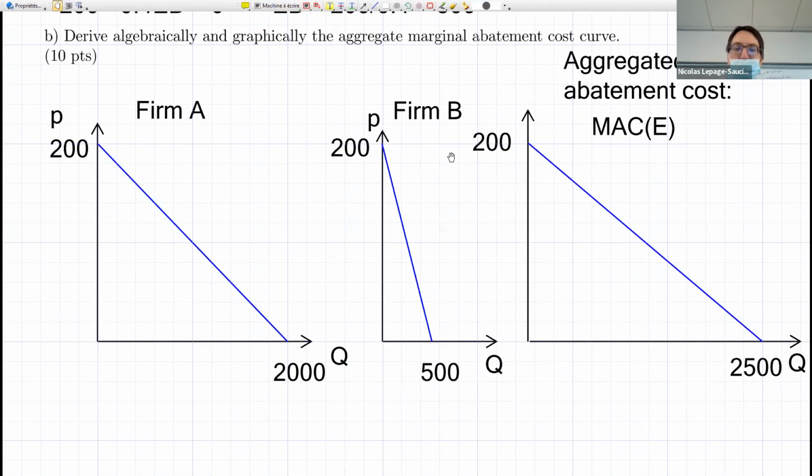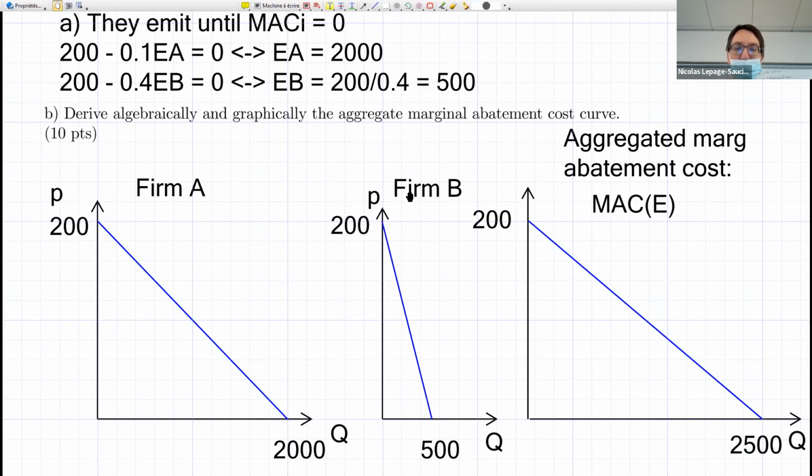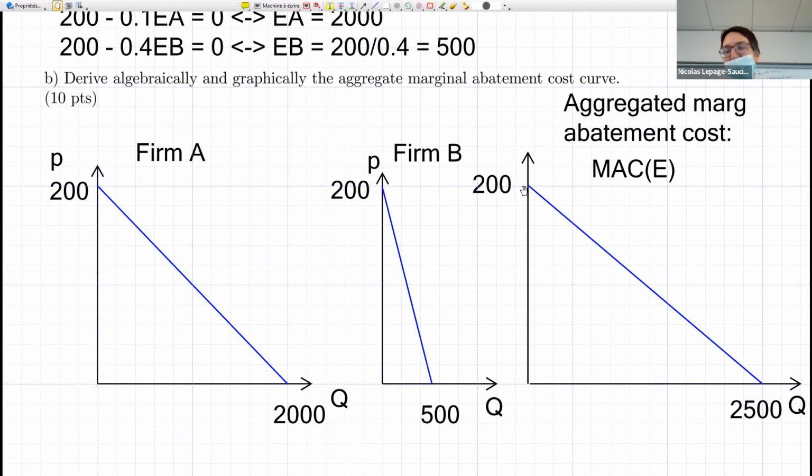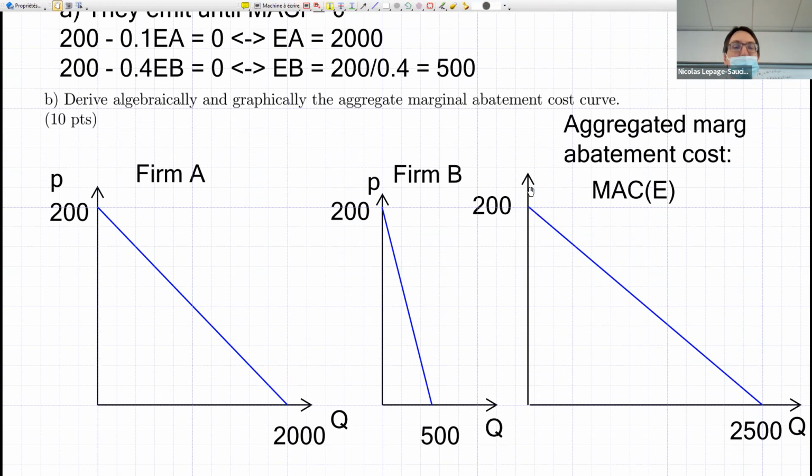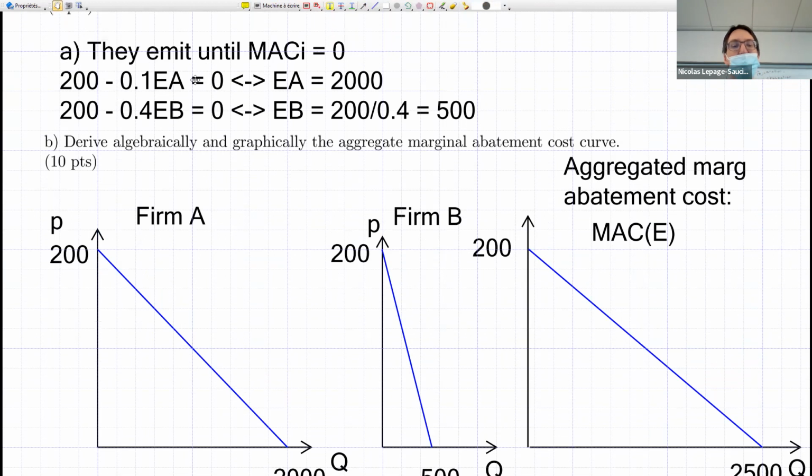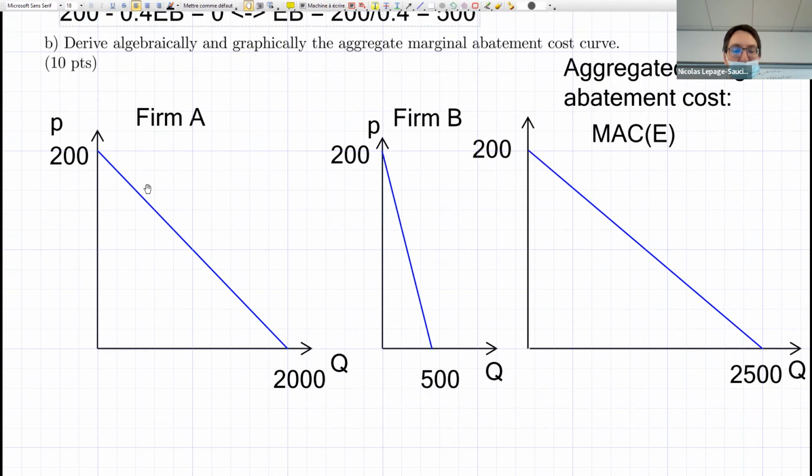And how do I do it? Well, I invert my thing. Since we have this and this, it's very easy to just look at it visually. But if I want to show you to do it always the same way, so you don't mess up, let's do it. So inverting the two.